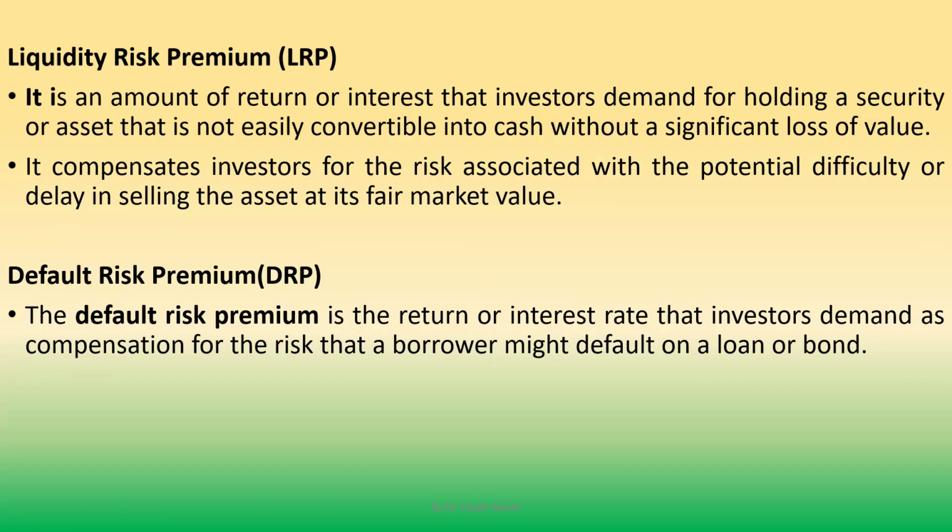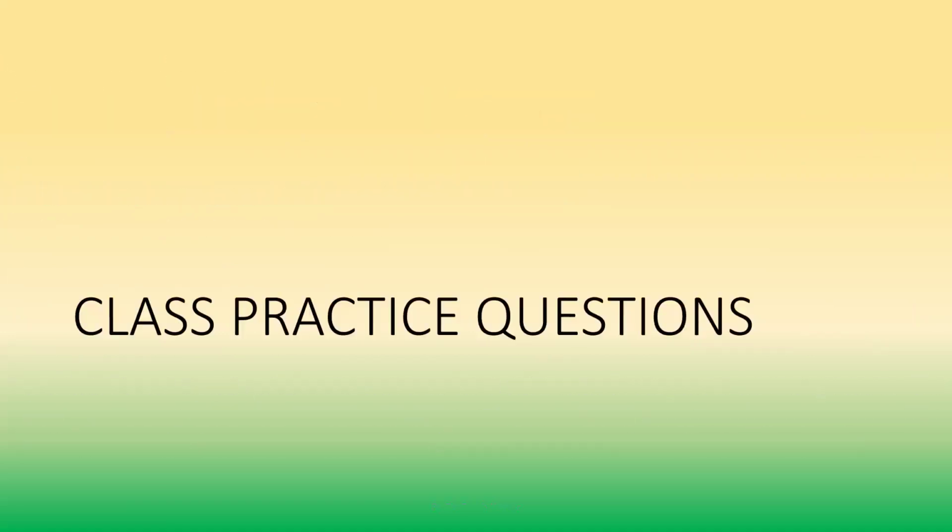So these are five different types of risk that are part of the yield, or the calculation of the cost of money.